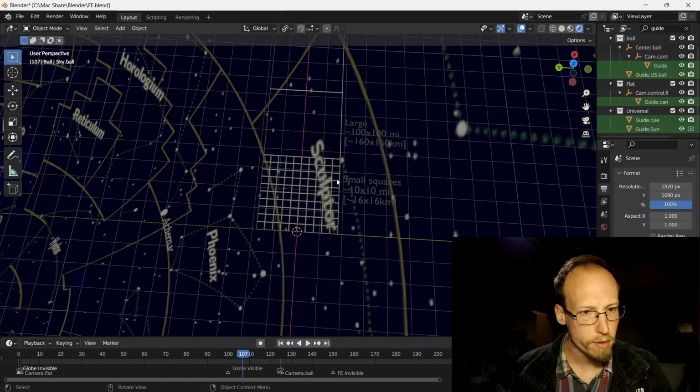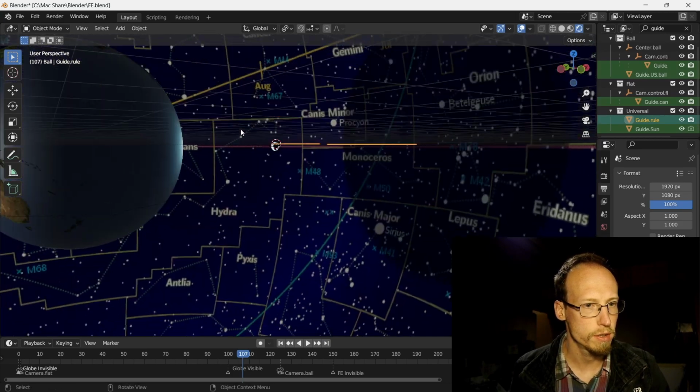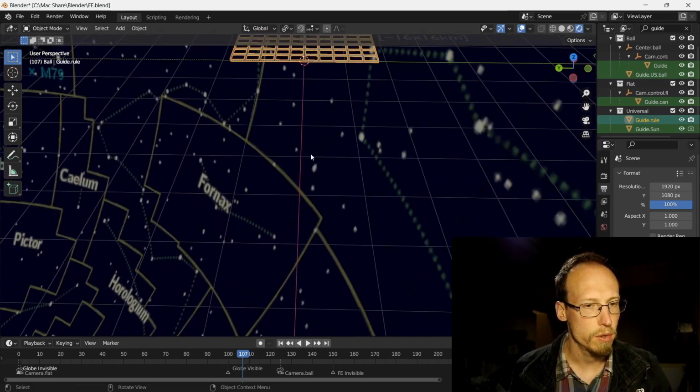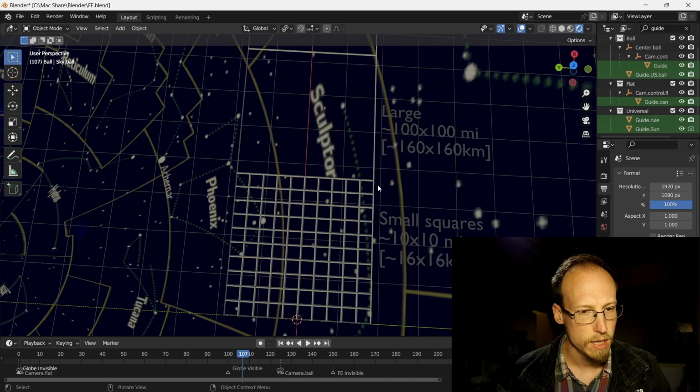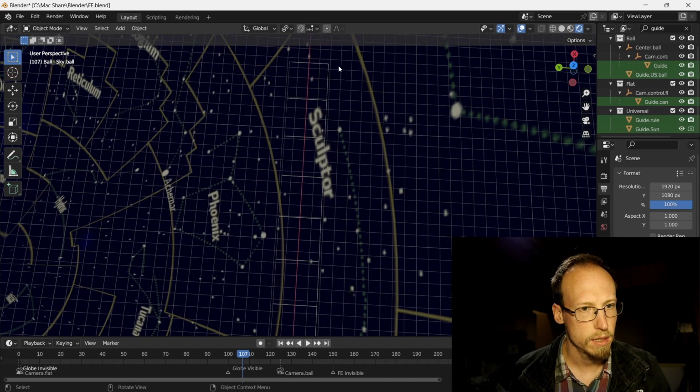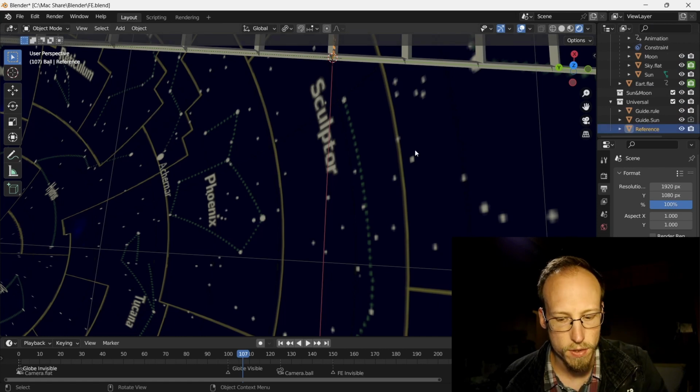Okay, so I have the universal one here right at the world origin in the middle here. Obviously, the large square, like I said, is 100 miles, and the small squares are going to be 10 miles, and the whole thing is 1,000. Universal reference.